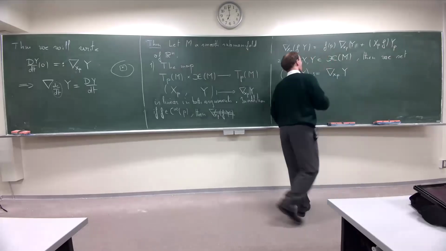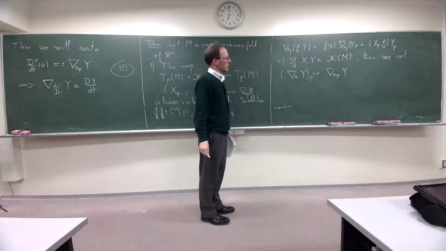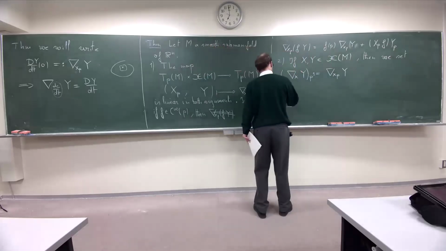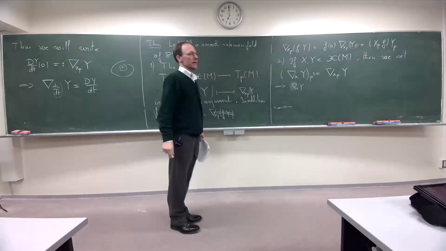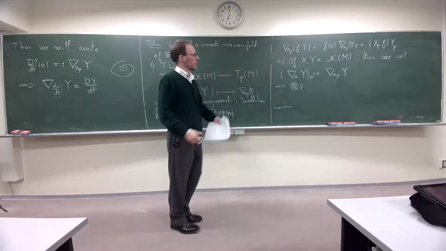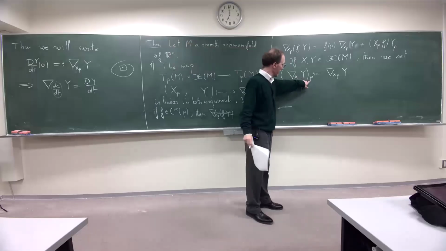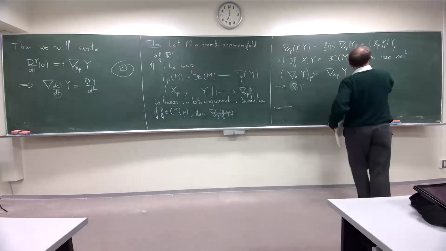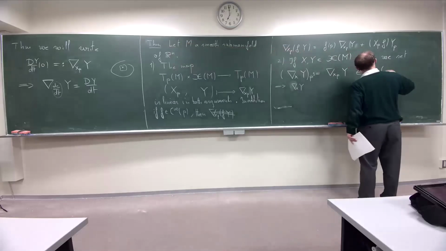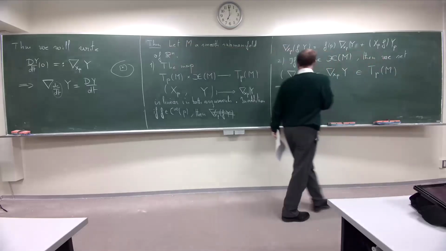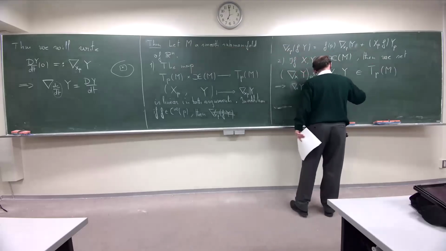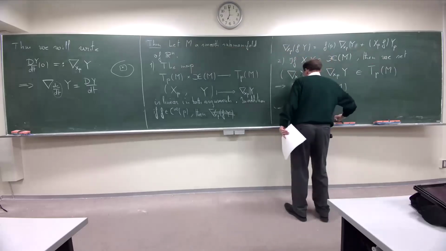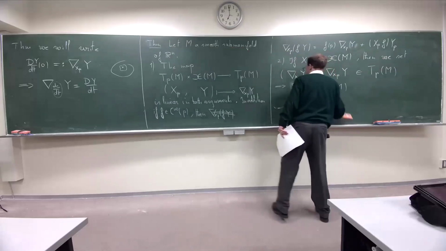This is a definition. But what does it mean? It implies that this guy here is a vector field, because when you evaluate at p, this is a vector in Tp of M. So it means this is nothing but a smooth vector field. I should not write imply, but I should write then.